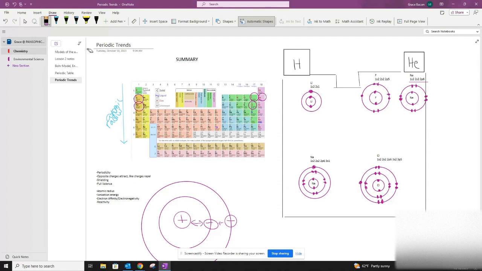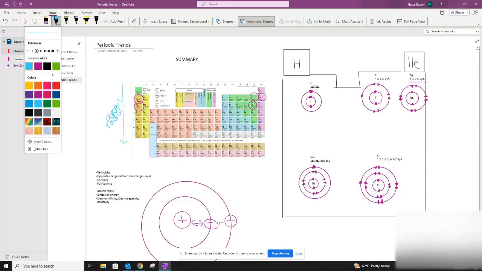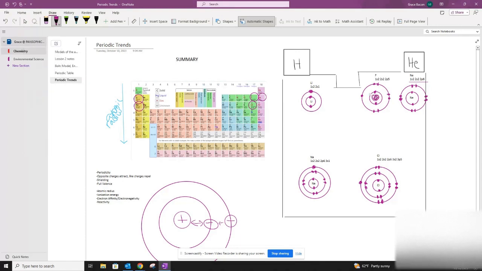Now, as we move across a period, so across the period table, across a row, period and row mean the same thing. So as we move across a row, what we see is that, because they have the same number of energy levels, so they've got the same number of shells, but there's more protons in this nucleus, and there's more electrons with the same amount of shielding.